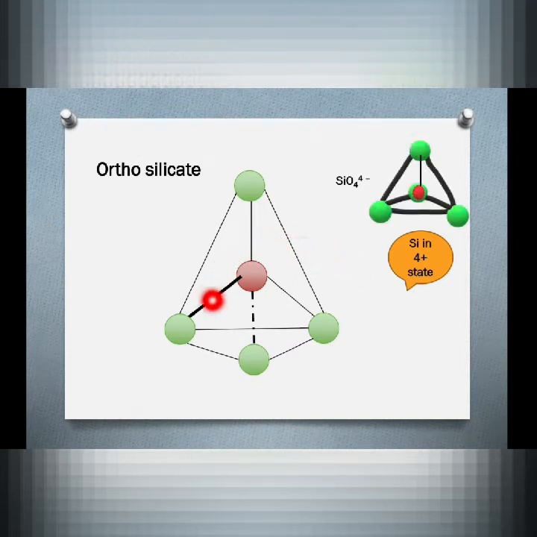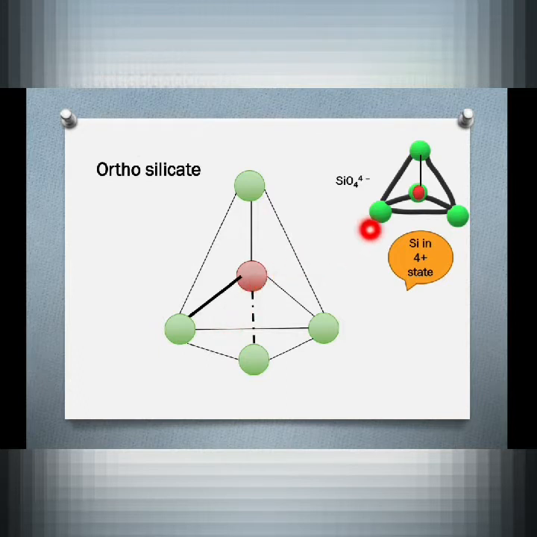Now for simplification, drawing orthosilicate is very simple, but for pyrosilicate, cyclic silicate or sheet silicate, if we draw this way, it is very difficult to understand.